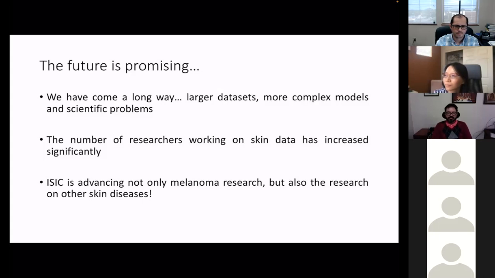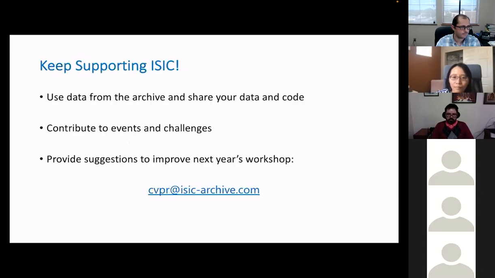This allows me to conclude that ISIC is advancing not only melanoma research, but also research on other skin diseases. People are becoming aware of inflammatory diseases, psoriasis, and so on. So this is a very good job from the ISIC side.